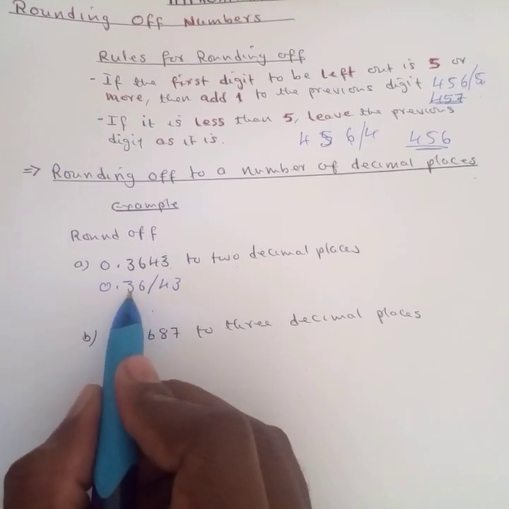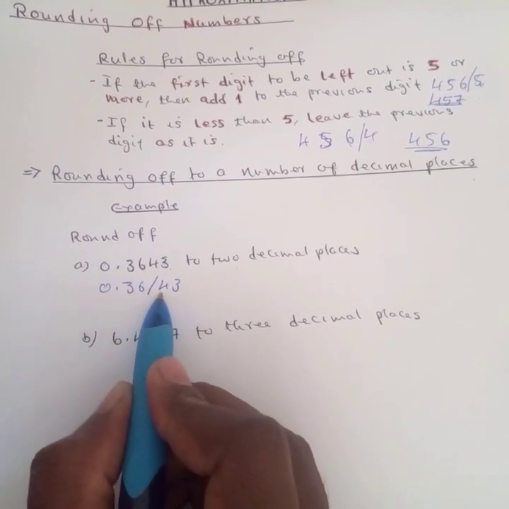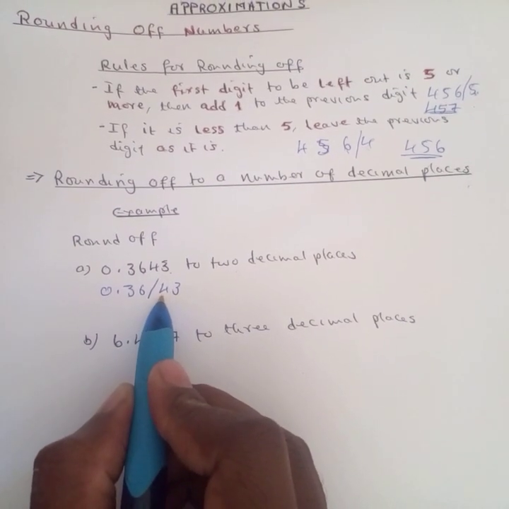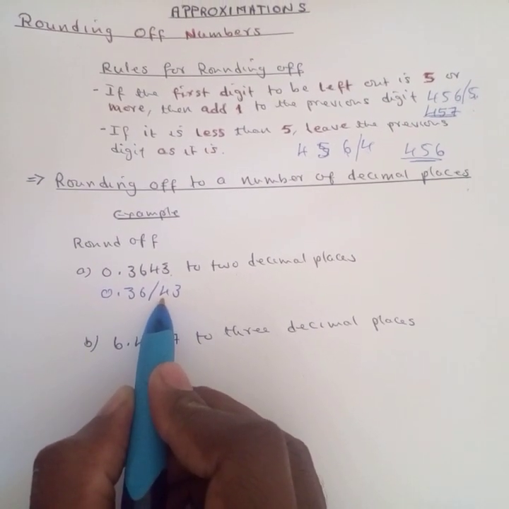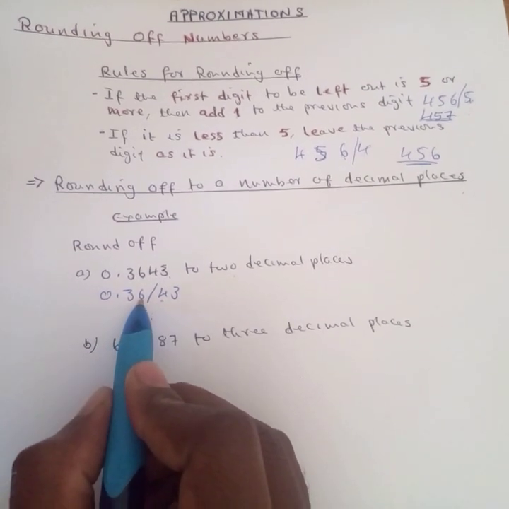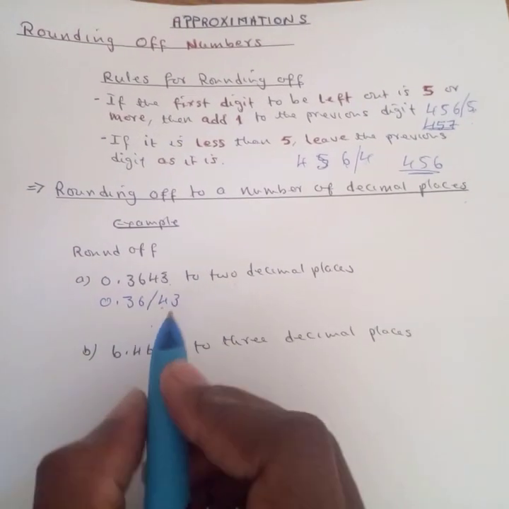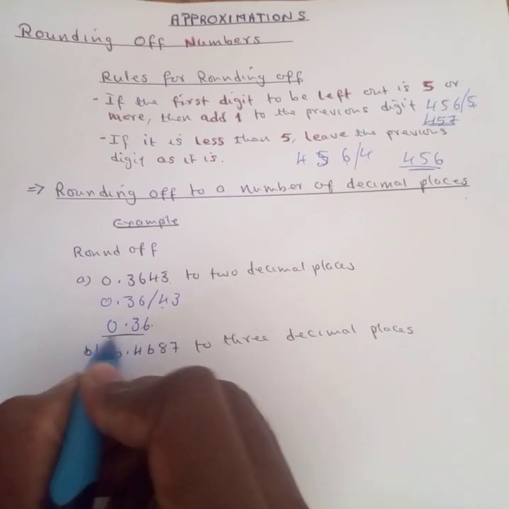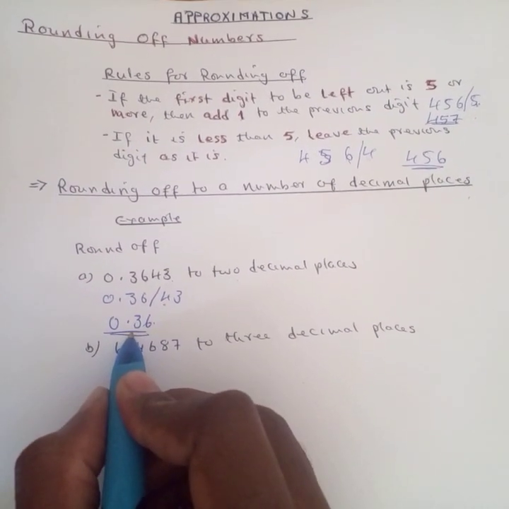These two are the ones that I want to keep. So you look at this digit which is here. Is this digit greater than or equal to 5? No, it is less than 5. So this 6 won't be affected. It will just remain 0.36. So this is in 2 decimal places.